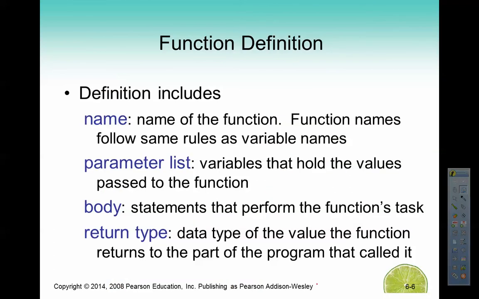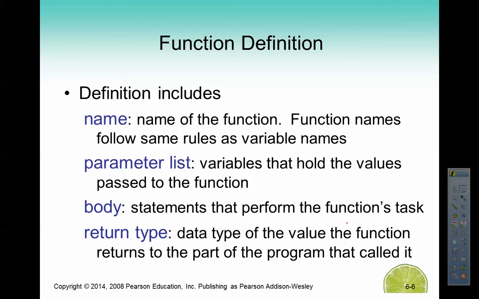Function names follow the same rules as variables. So when we name it, we need to follow those rules. Remember the rules for naming variables? Can we use letters when we're naming variables? Yes, letters. Can we use numbers when naming variables? We can use them, except that we cannot start the name with a number, right?